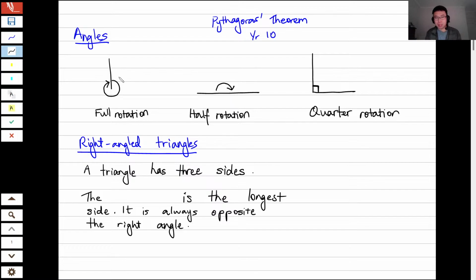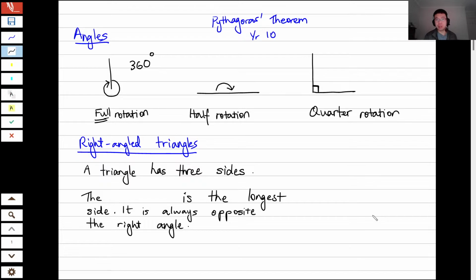So if I stand on the ground and turn around in such a way that I end up facing the way that I started and undertake a full rotation, I'm going to define that as 360 degrees.